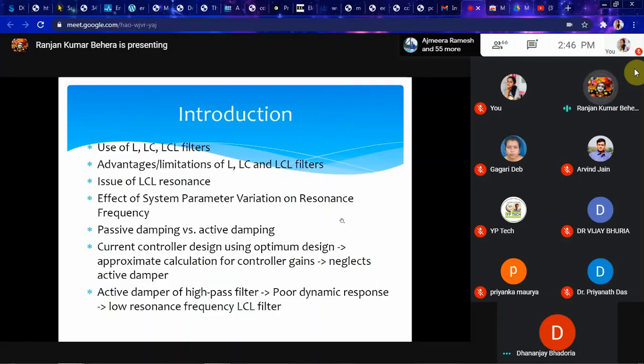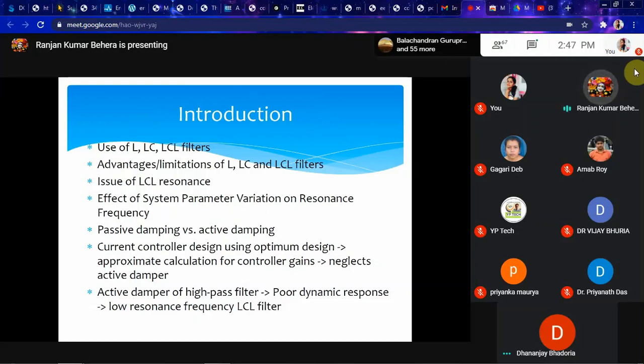Okay. So what is important here? The use of LCL filter, and the advantages and limitations of this one. The issue of LCL resonance is the biggest in our design aspect. And then the effect of system parameter variation on the resonance frequency.